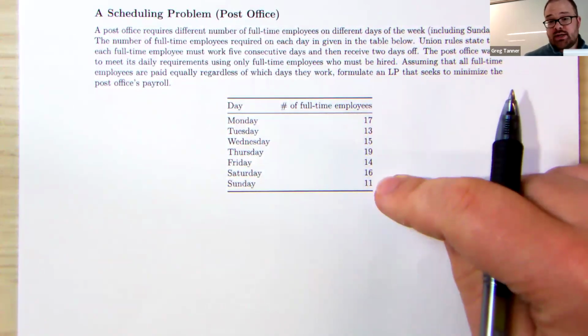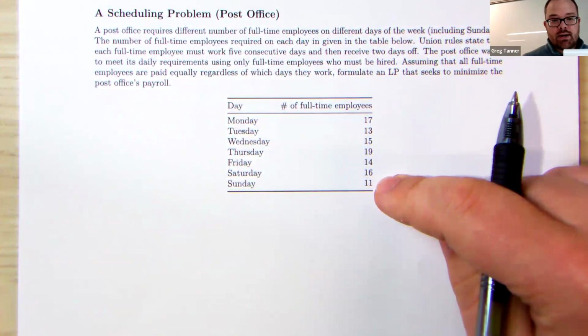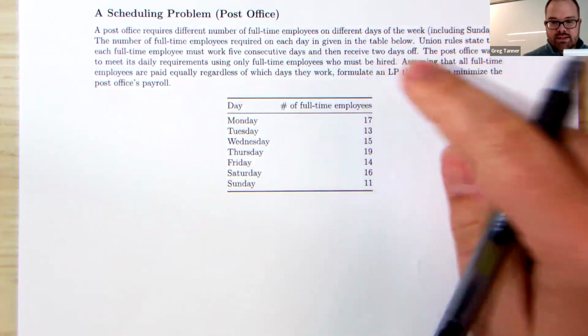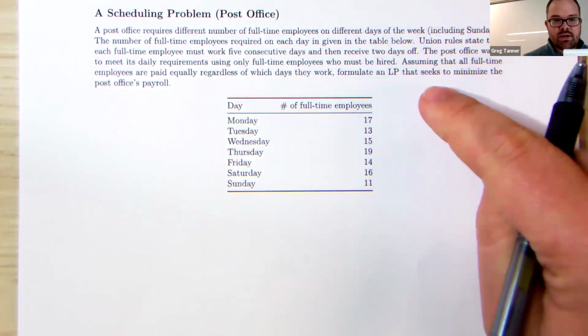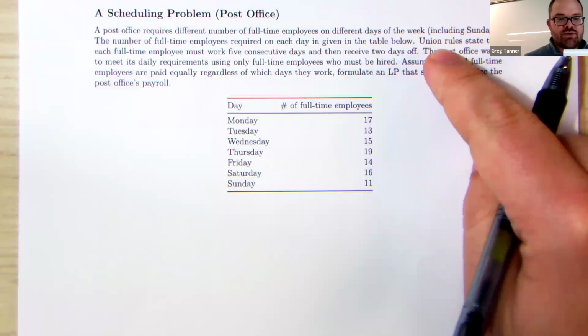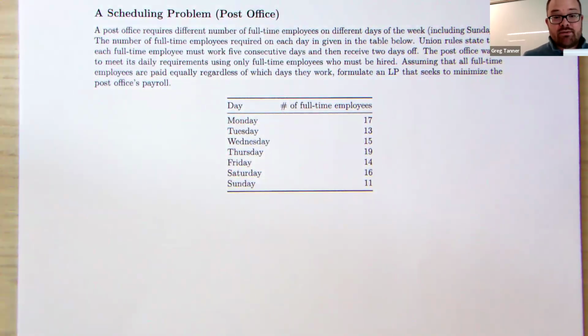So each of those is likely going to be a constraint. We've got only full-time employees, which limits the scope of things. But then we have this union rule.